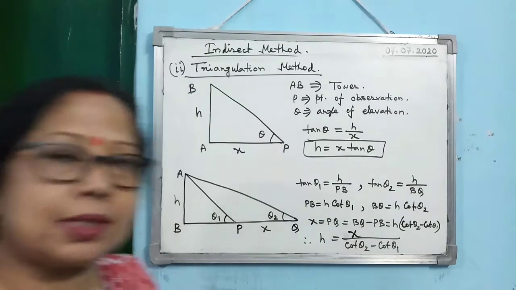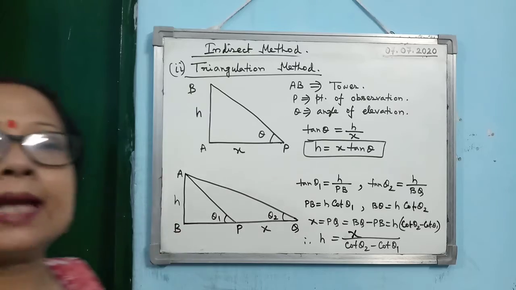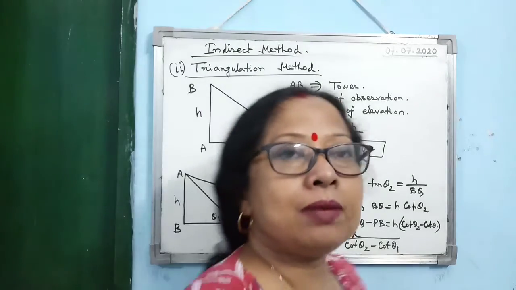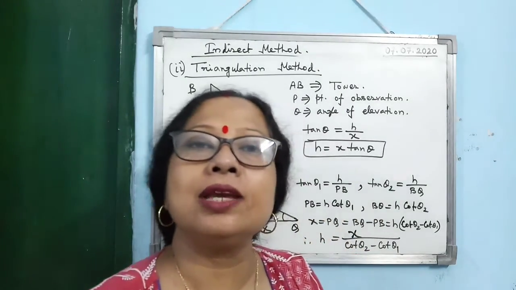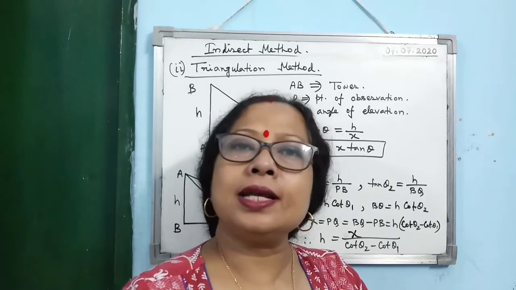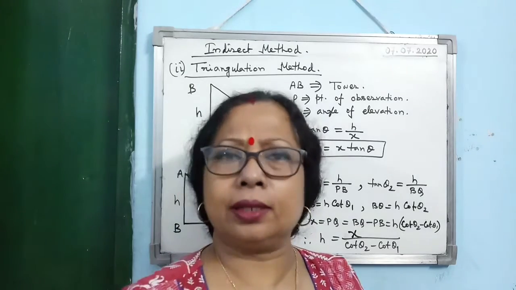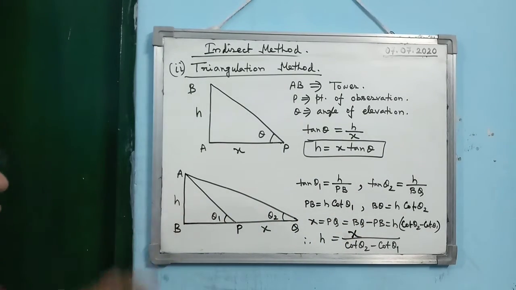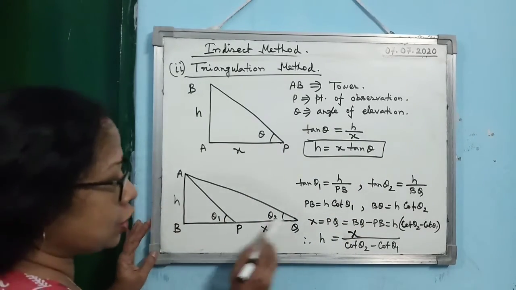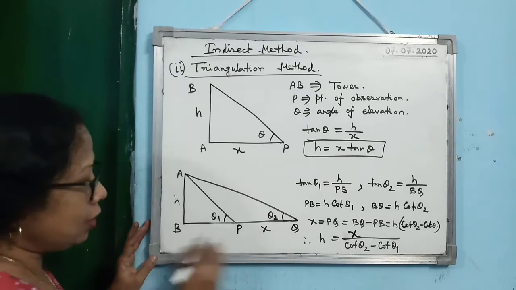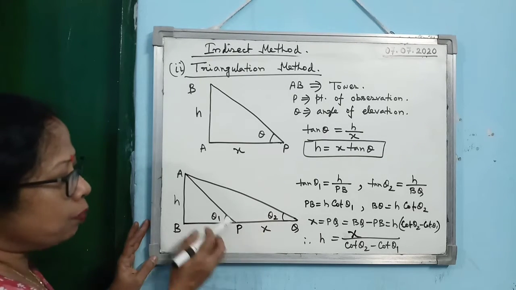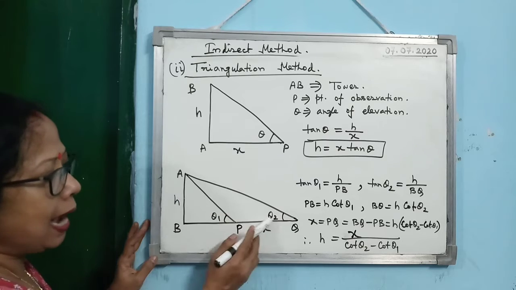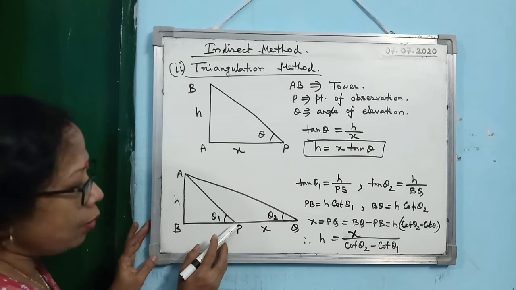But sometimes the tower is not accessible. Suppose in between the tower and you there is a river, or a dense forest, and you cannot go there. In that case you will use this method. You choose two positions on the same line as the tower, and from those two positions you find the angles of elevation.